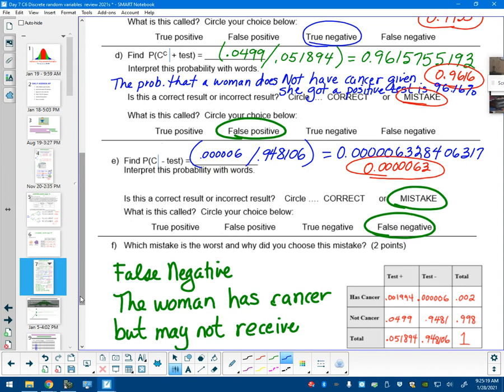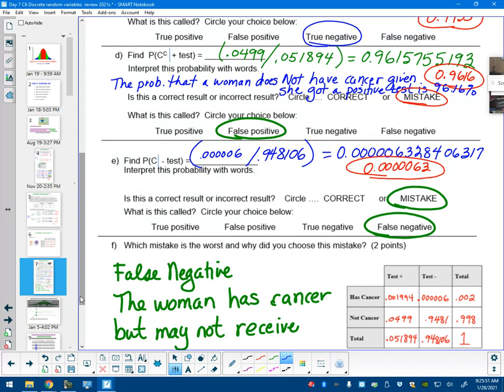Who knows what this is telling me? How many women get missed, basically, in the long run? What is that, 0.00000063? Approximately 6 out of what? Tenths, hundreds, thousands, 10,000s, 100,000s, millions?